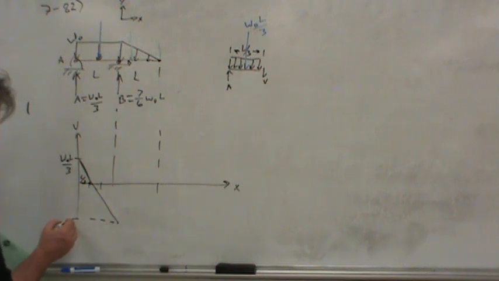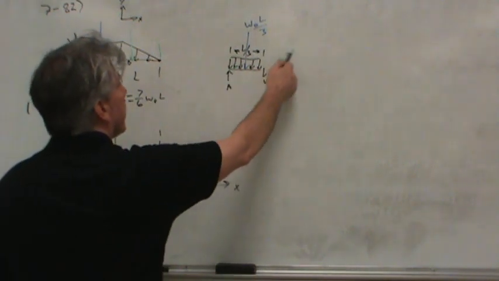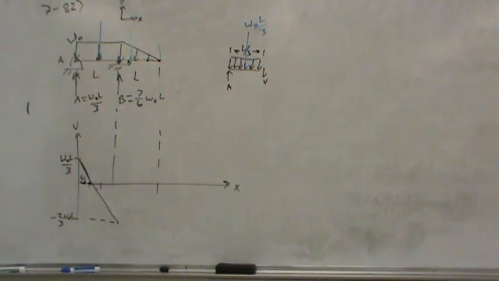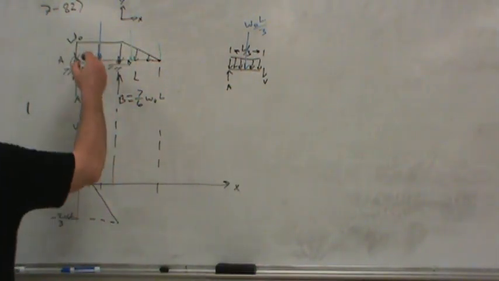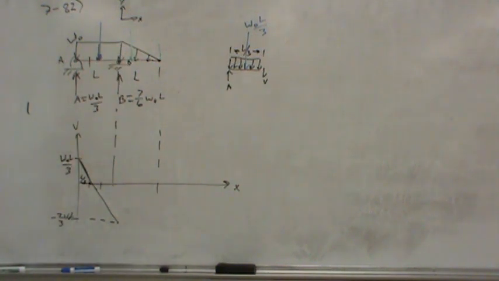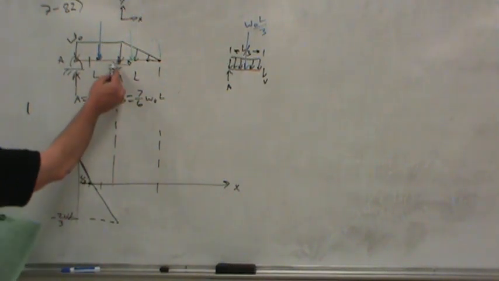Here we go. We should end up at negative 2/3 W naught L. Right? Because think about it, we get to 0 here, but we just keep going, keep adding more and more uniform load. And so the 2/3 length times W naught tells us how much load we've added. Well, it's 2/3 W naught L. So that's where we end up, right before point B.